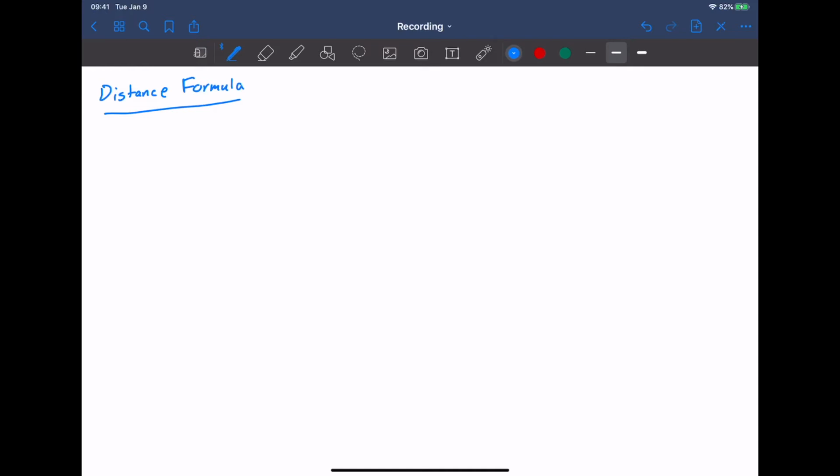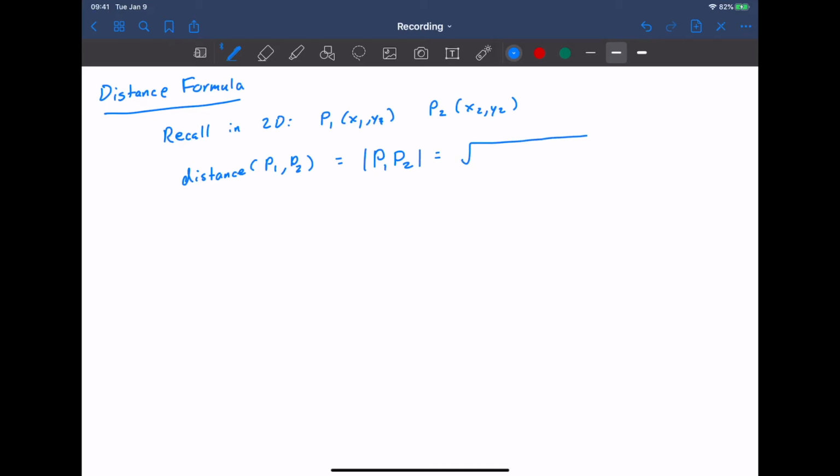So it'll be useful to recall that in 2D, what we had was point 1 at x1, y1, and point 2, x2, y2. The distance from P1 to P2, which our book writes like this, would be based on the Pythagorean theorem.